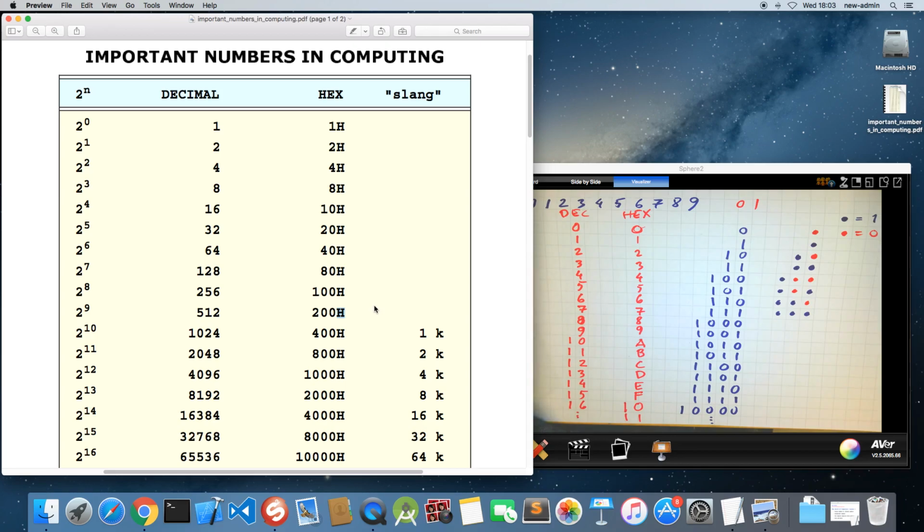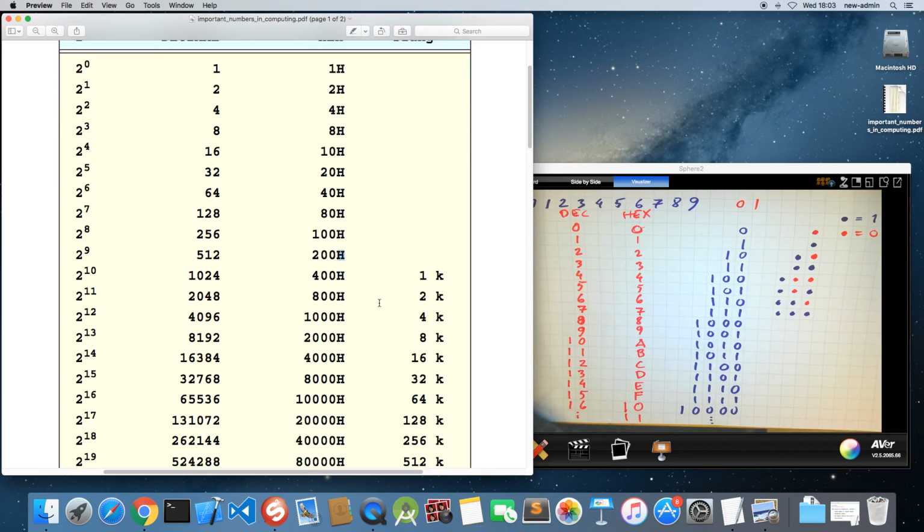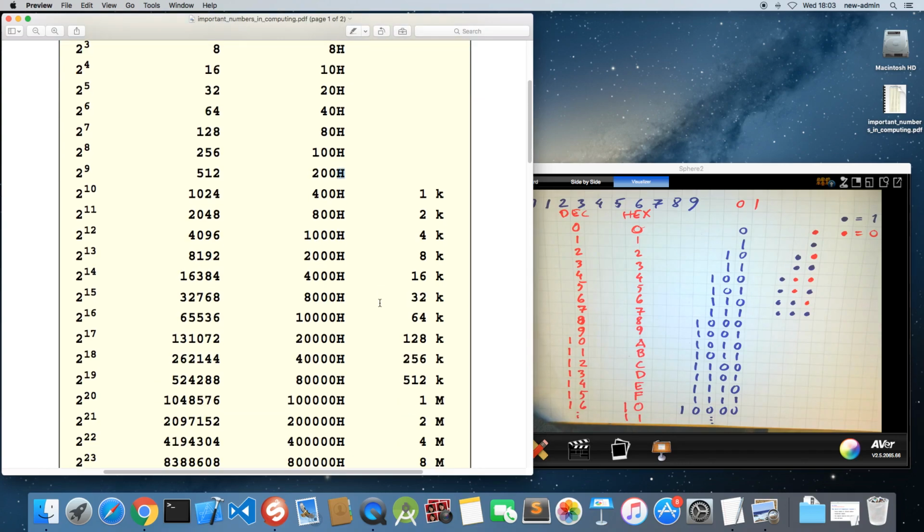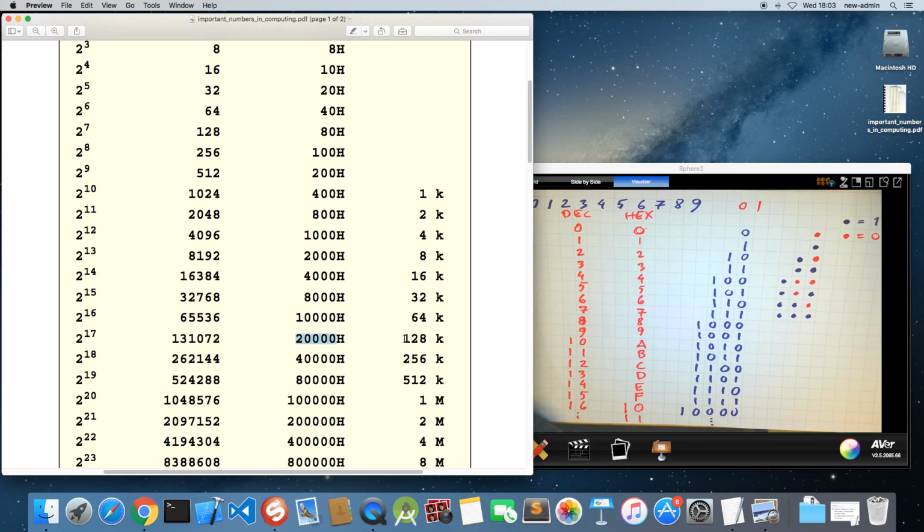And then in the world of computers we also use this slang thing, that we speak about K. For instance, this 2 to the power of 17, which is this much, and this much in the hexadecimal system, we say that it is 128k.